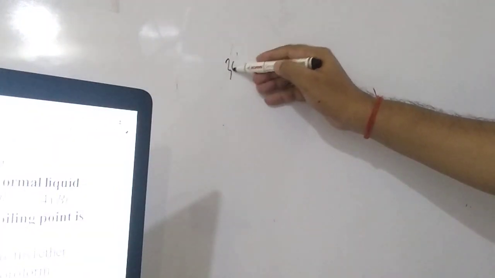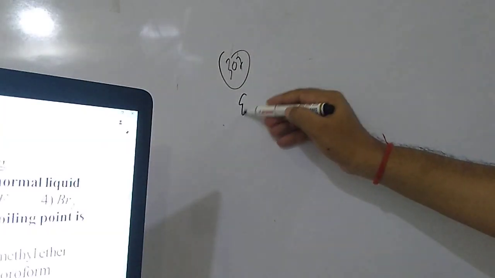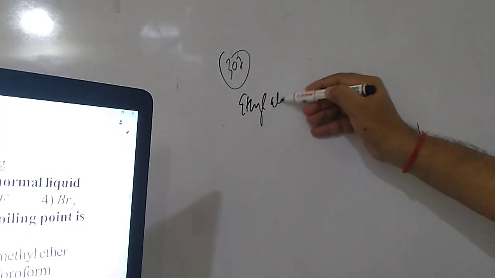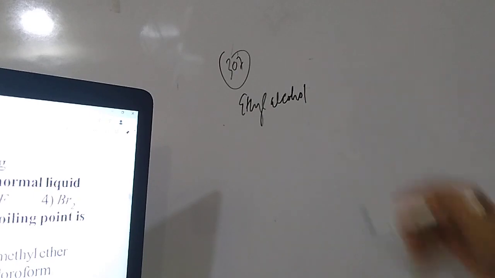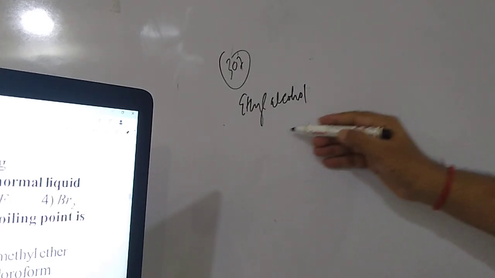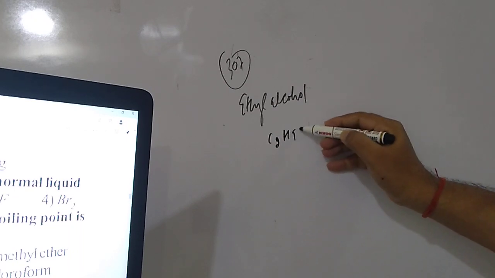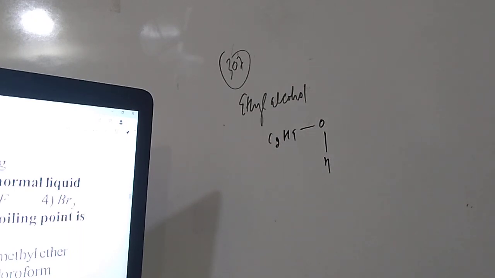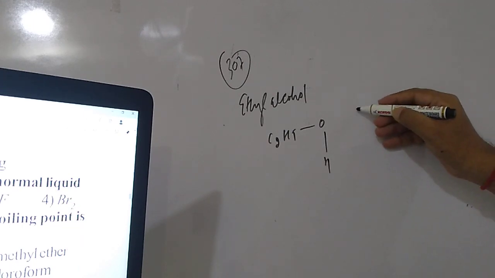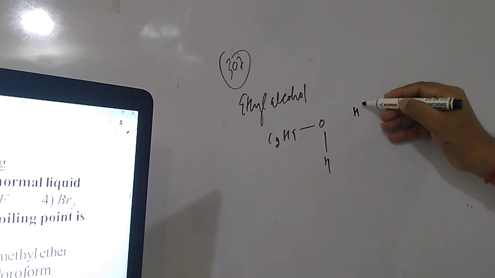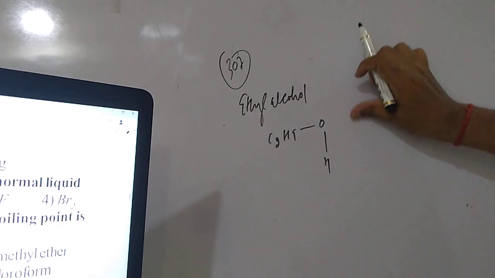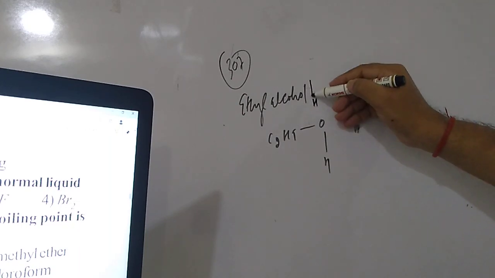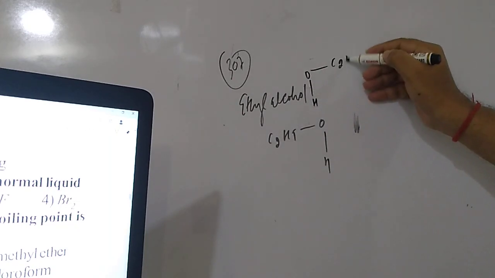Come to the board for 307. They are saying ethyl alcohol has a high boiling point among the following. So C2H5, here is O and here is H. Similarly, here is H, here is O and here is C2H5.